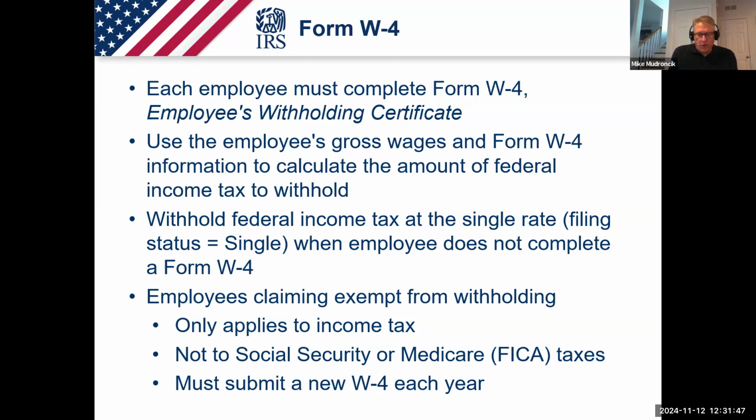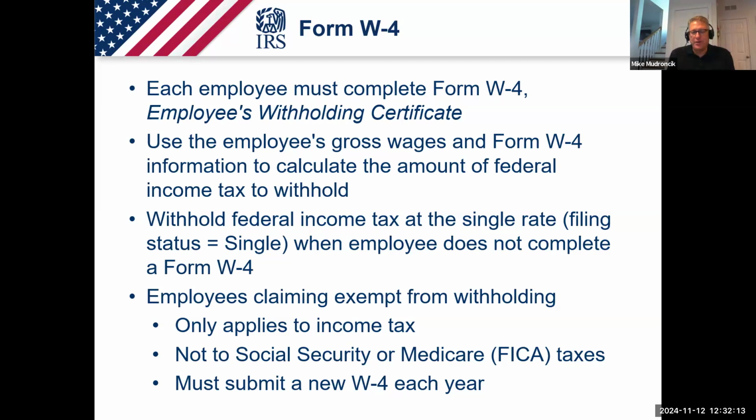As the employer, you're going to use the employee's gross wages and the information the employee provides on the Form W-4 to calculate the amount of federal income tax to withhold. If an employee does not give you a signed W-4, you as the employer withhold at the rate of a single taxpayer.